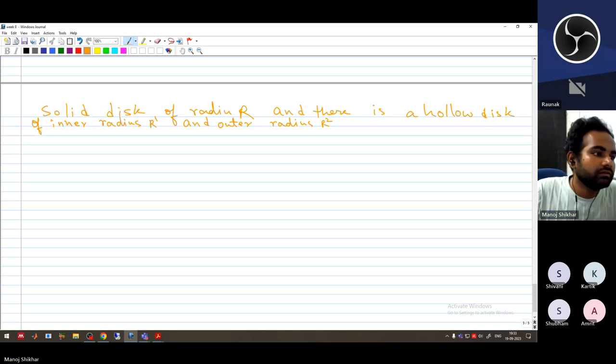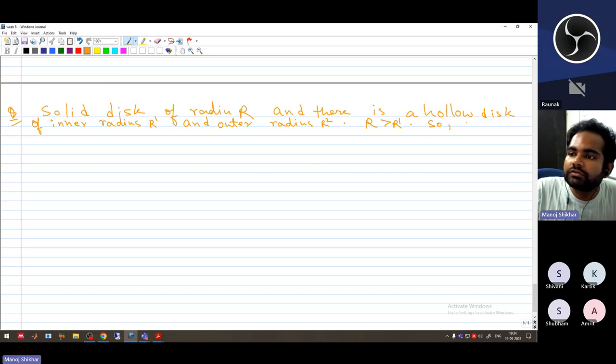Okay. R is greater than r1. So the solid disk, its radius is greater than the internal radius of the hollow disk. Okay, this is given. R is greater than r1.